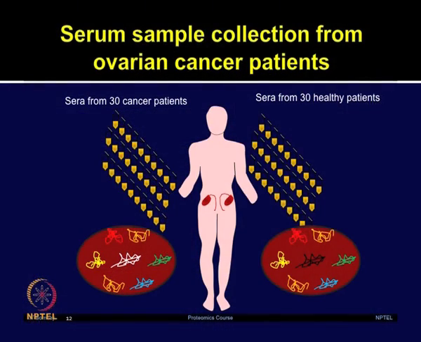For each of these types of samples, they used 300 microliters of the serum sample, diluted that in the correct buffer and then applied that on the human proteome arrays, the ProtoArrays obtained commercially. So, they wanted to compare the autoantibody response of various types of proteins in the ovarian cancer serum as compared to the healthy controls.